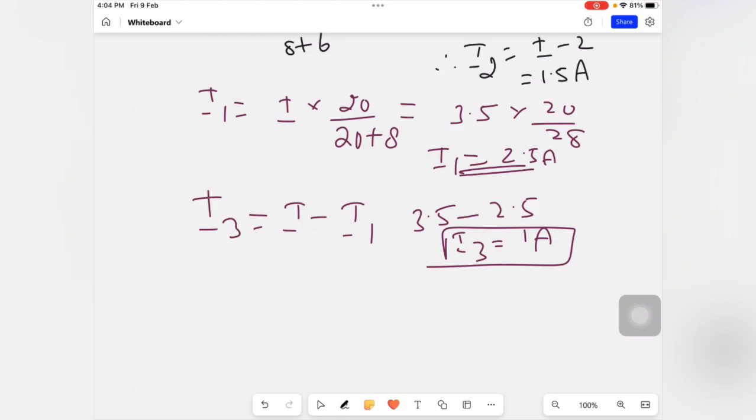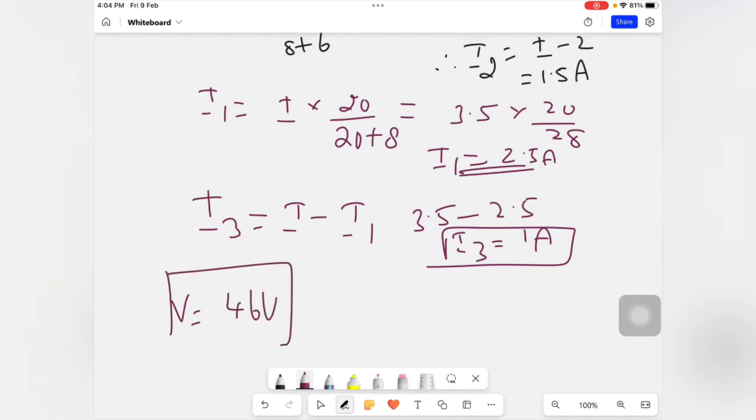Now we have to calculate the voltage. Voltage is nothing but I into R, and you can apply all the drops here. It is a series path, so you can write 4 into I plus 6 into 2 plus 8 into I1.